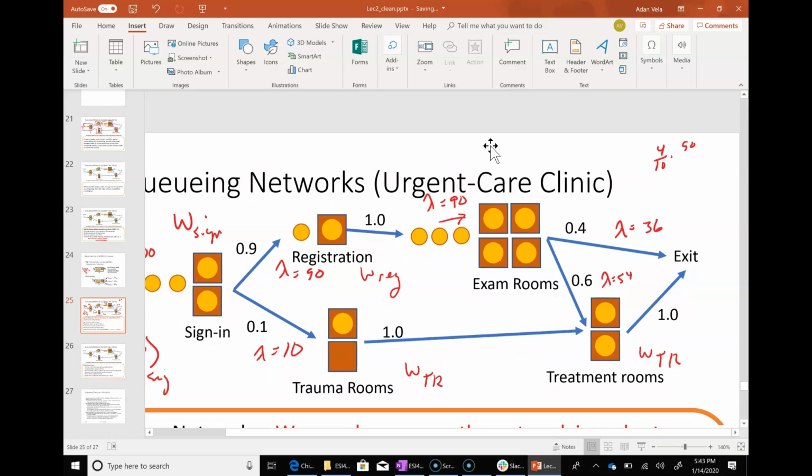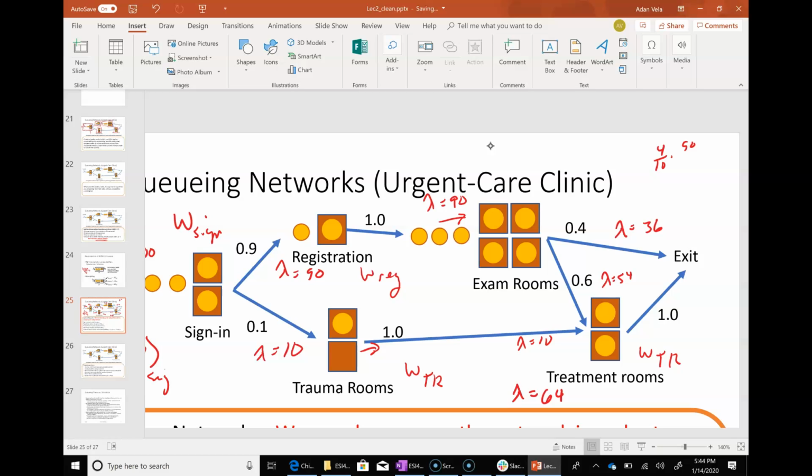But we got an issue. We have folks from the trauma room going into the treatment room. So what is the total lambda into the treatment room? 64. So what we've done is we've calculated the lambda into each one of the servers.